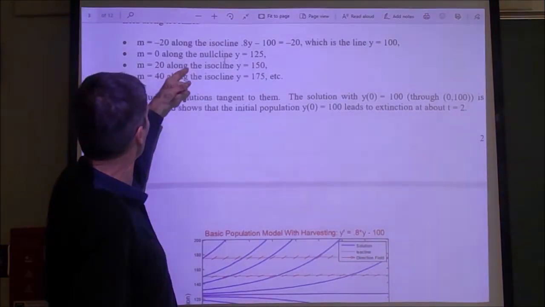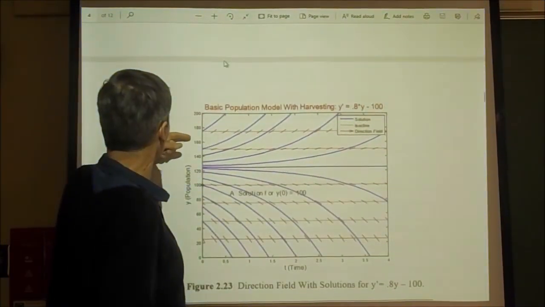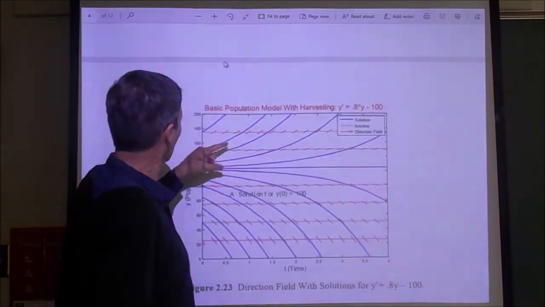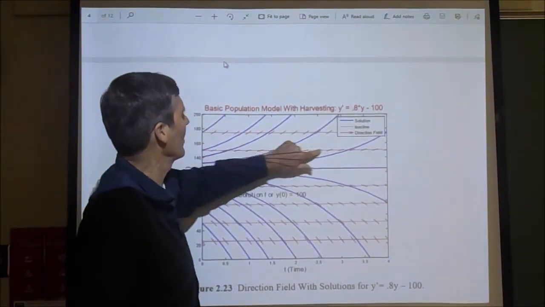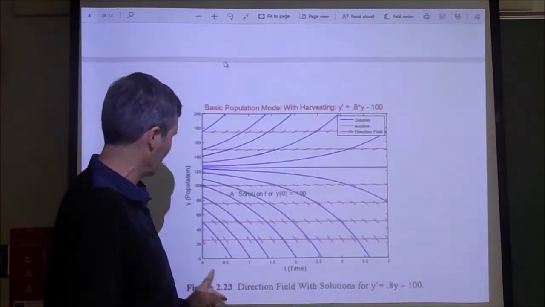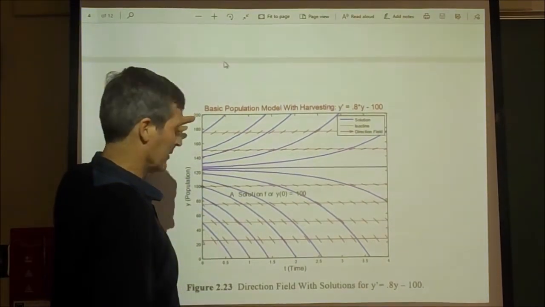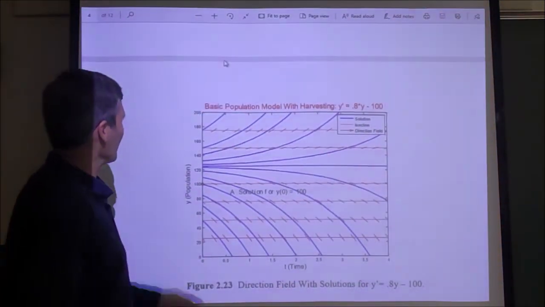We did slope 20 along y equals 150. So here's 150, and these are slope 20 segments all along there. They don't look like it because the axes aren't scaled the same, 100, 200. But these are slope 20 segments.